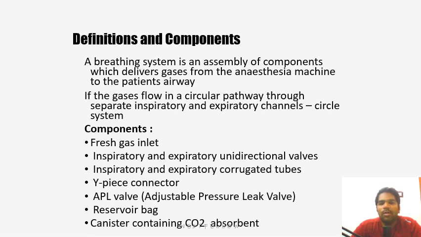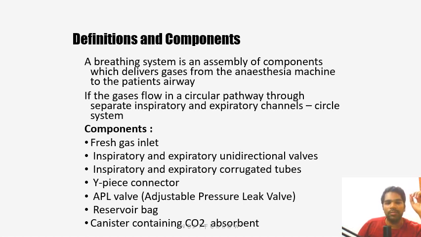So definition and components. First we will understand what is a breathing system. A breathing system is something which is used by the anesthesiologist to give oxygen and take back the carbon dioxide from the patient. Basically, it is acting as a respiratory conduit to the patient.